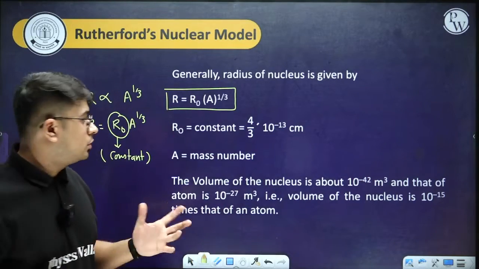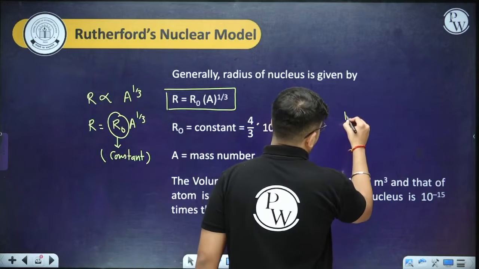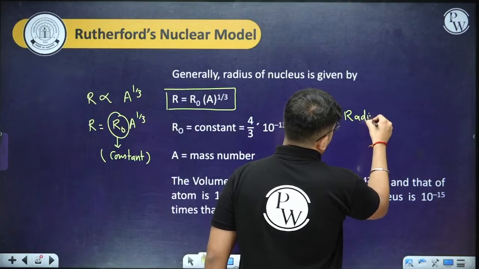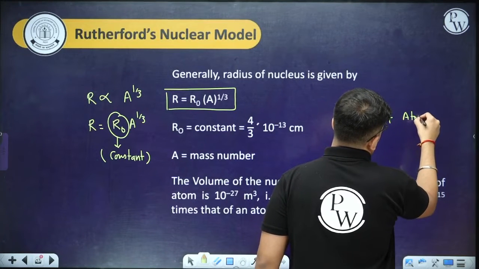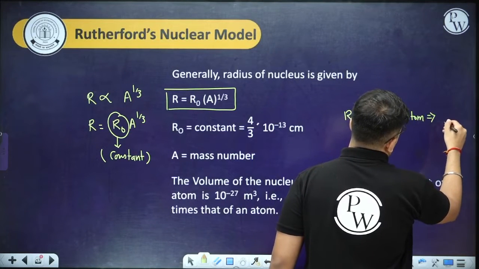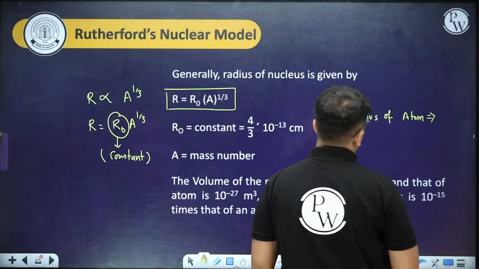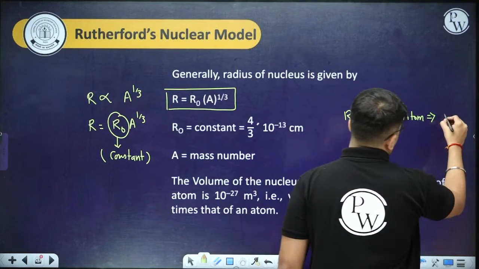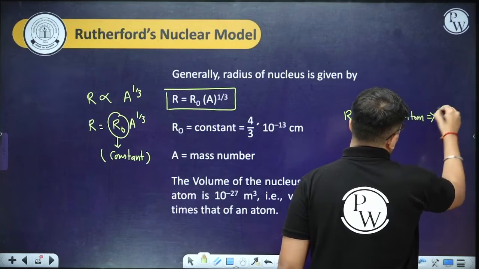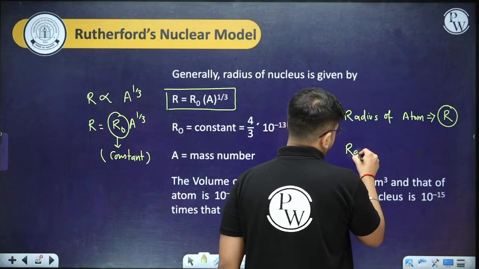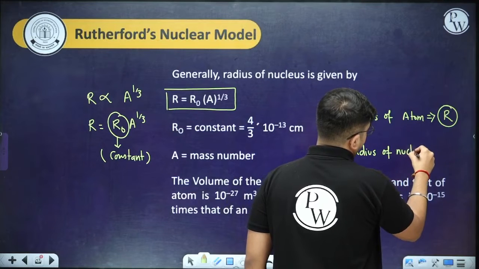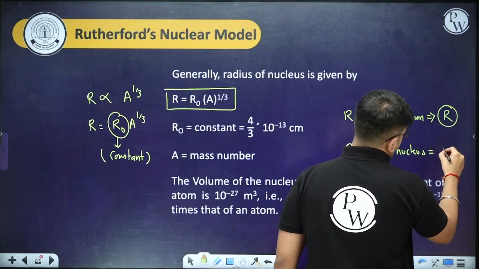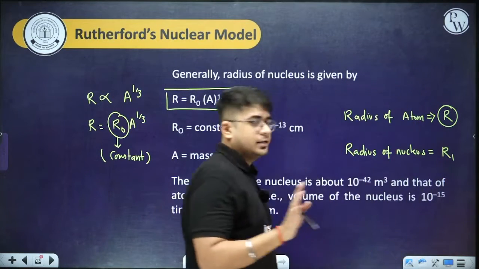If I talk about the radius, always remember, let's say the radius of the atom is r, and the radius of the nucleus is r1.